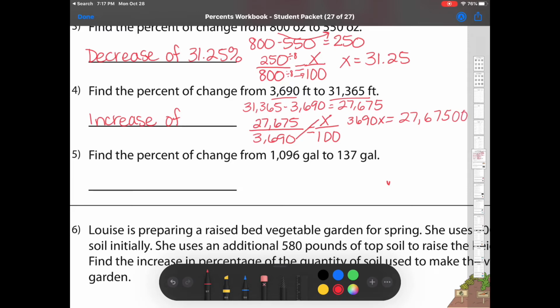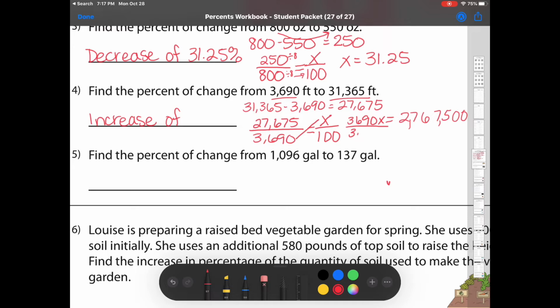Oh, times 100. Add those zeros. Sorry about that. So that's actually 2,767,500.